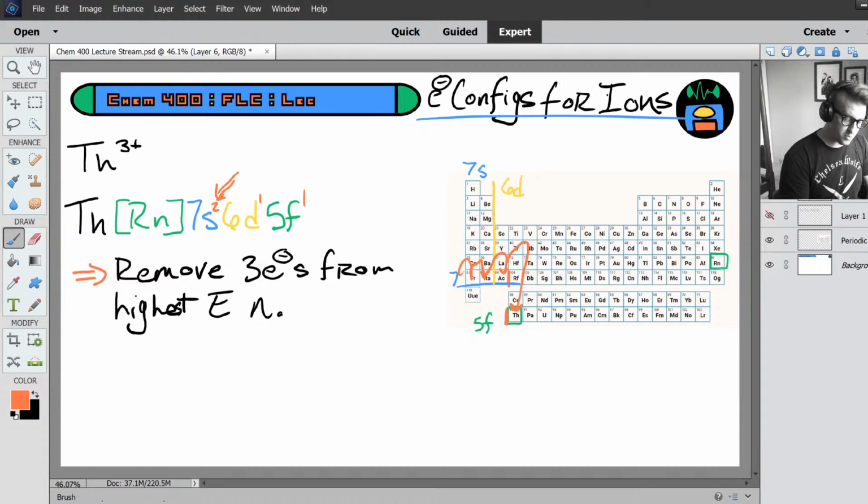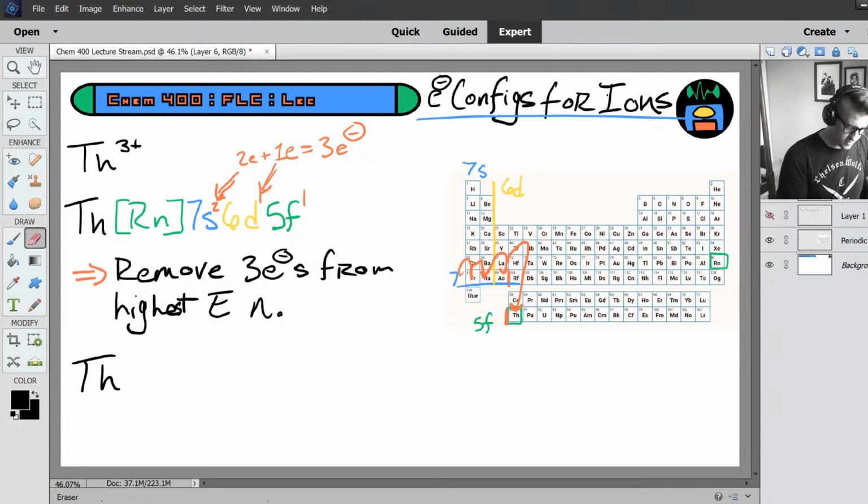So that means the third one is going to have to come from our 6d, all right? That will be our 2 electrons plus 1 electron is 3 electrons. So after we remove the electrons to form the ion, those electrons will come from the 7s followed by the 6d subshell.